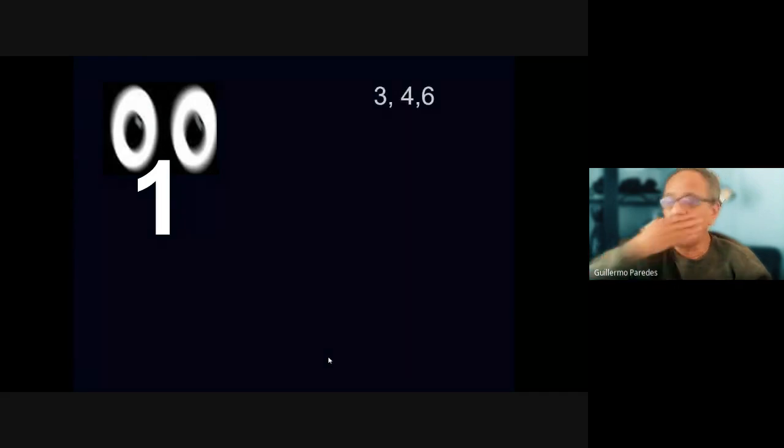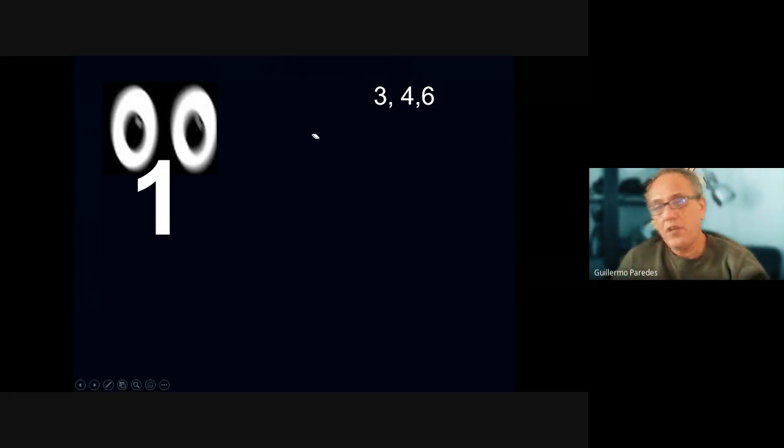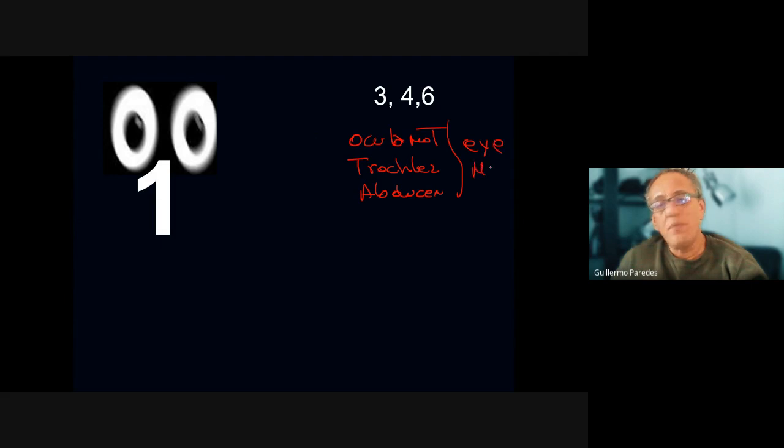Then we have 3, 4, 6. 3, 4, 6 is the oculomotor, the trochlear, and the abducens. So what they are going to do is eye movement. Eye movement. No vision.